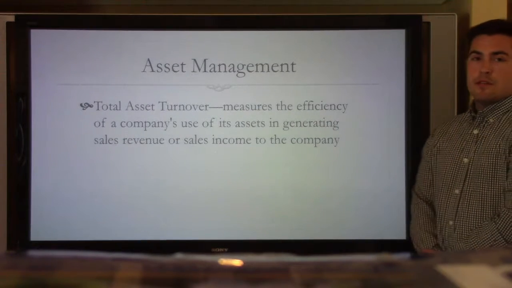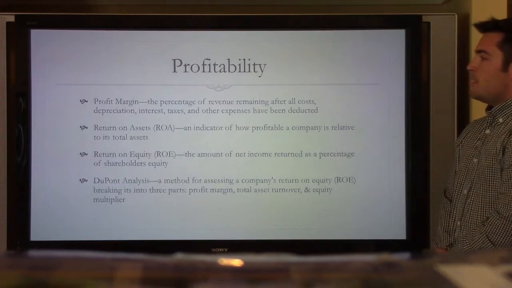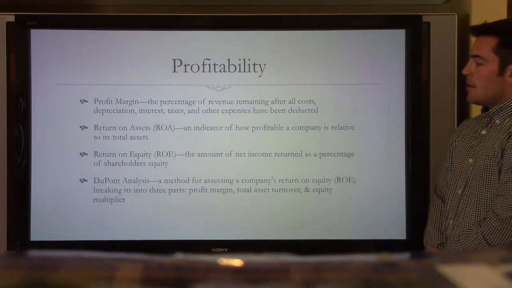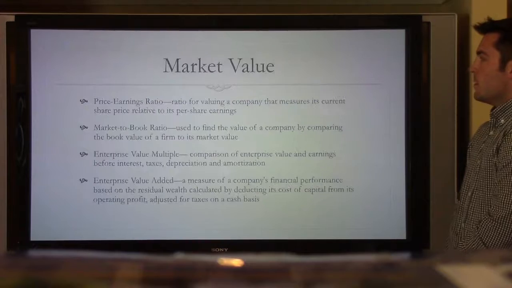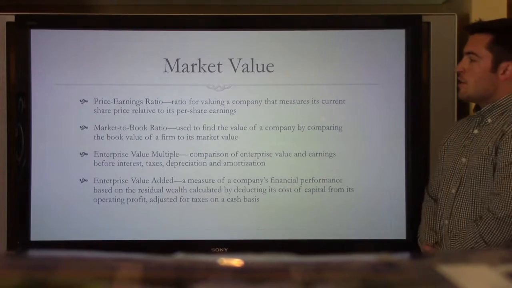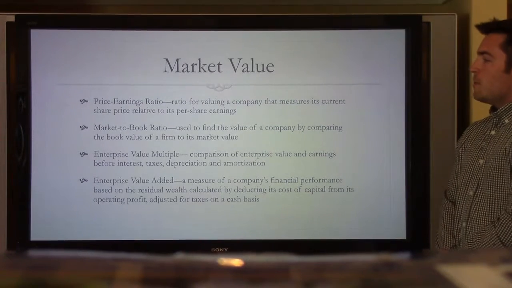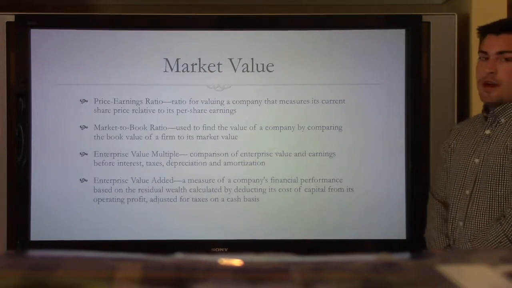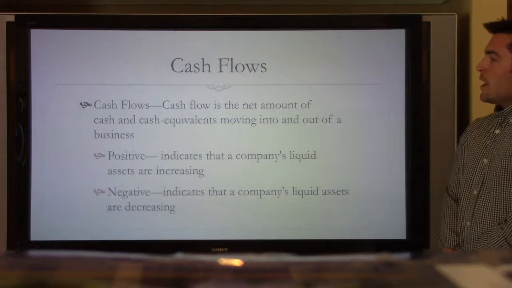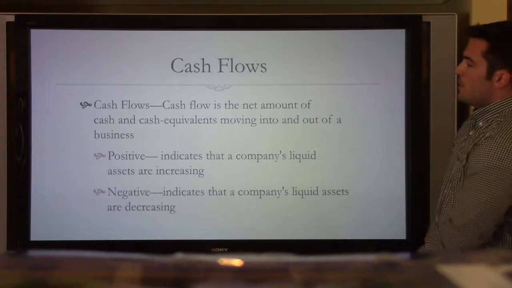Asset management, total asset turnover. Profitability, we'll be using profit margin, ROA, ROE, and the DuPont analysis, which is just the breakdown of ROE. Market value, we'll be looking at price earnings ratio, market to book ratio, enterprise value multiple, and the enterprise value added.